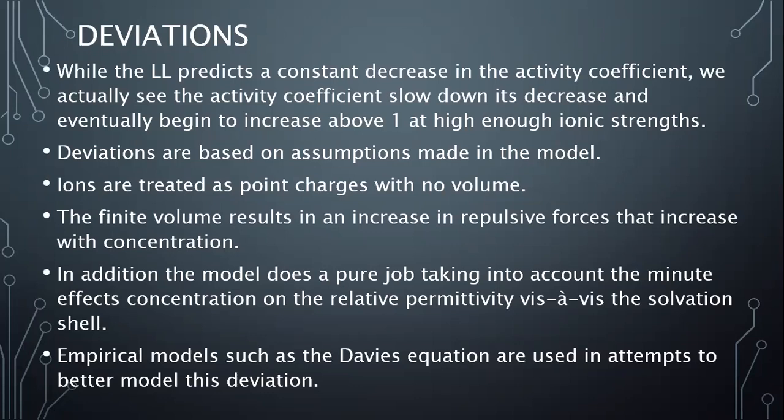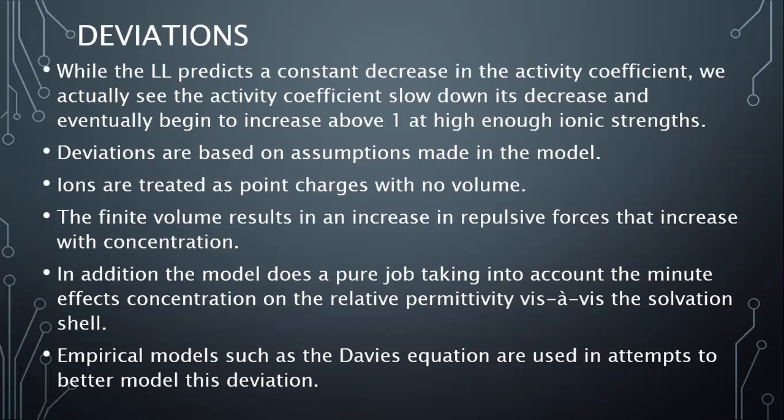Now, this last slide before we stop is the deviation. While the Debye-Hückel limiting law predicts a constant decrease in the activity coefficient, we actually see that the activity coefficient slows its decrease and eventually begins to increase above 1 at high enough ionic strengths.